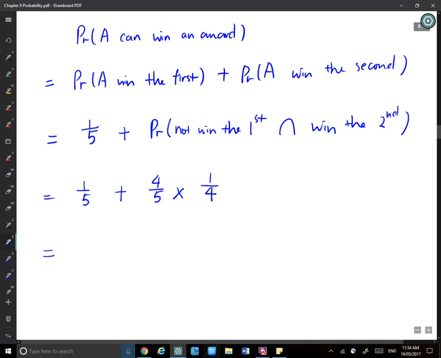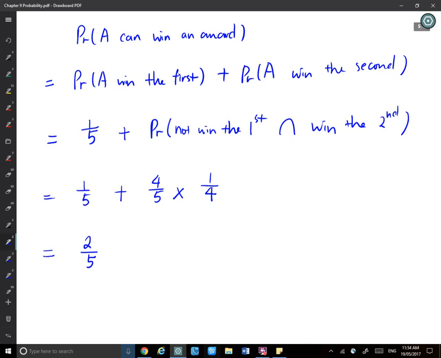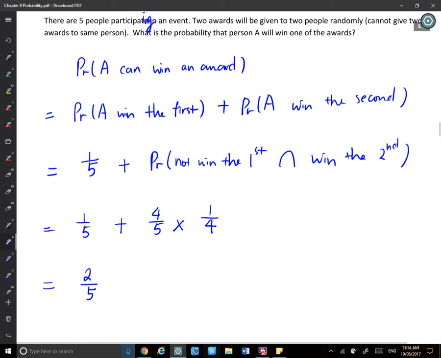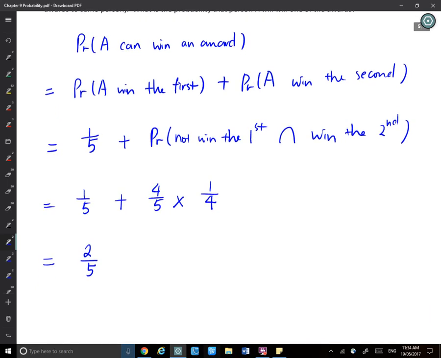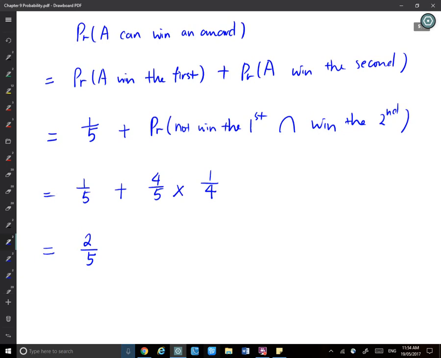So I will have 1/5 plus 4/5 times 1/4, which is 2/5. Okay, that's how you do it.